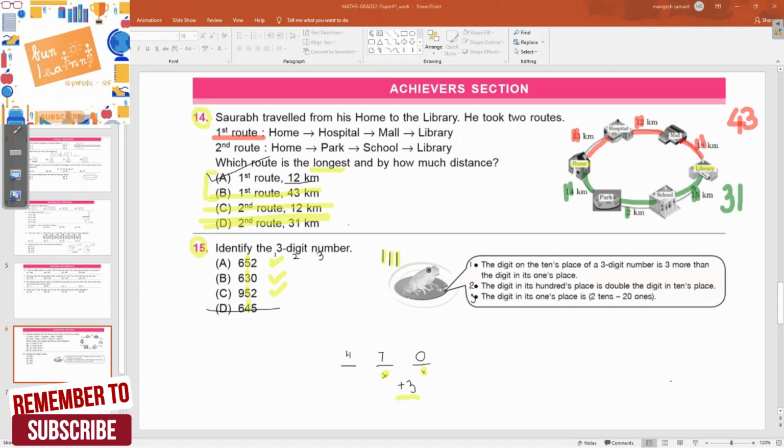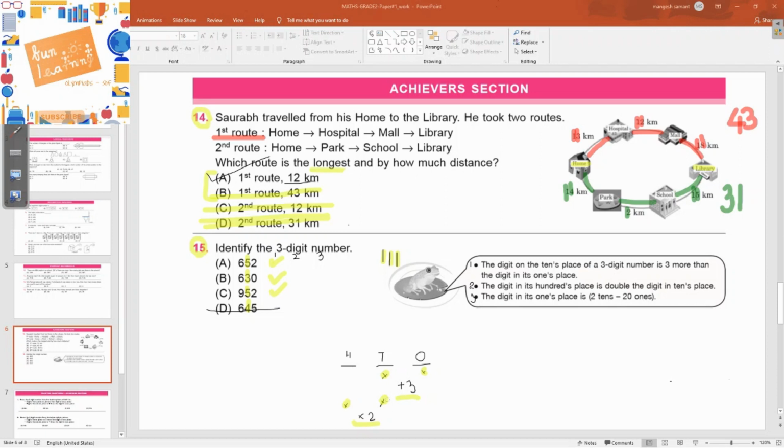Let's do the second statement. The digit in the hundreds place is double the digit in the tens place. That means it is 2 times the digit in the tens place.